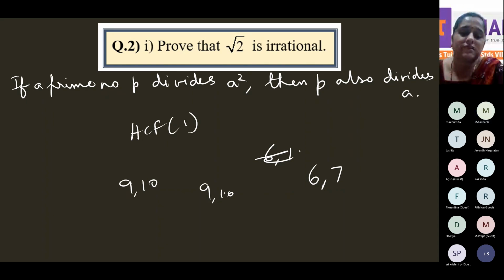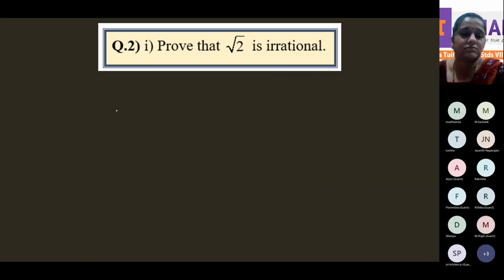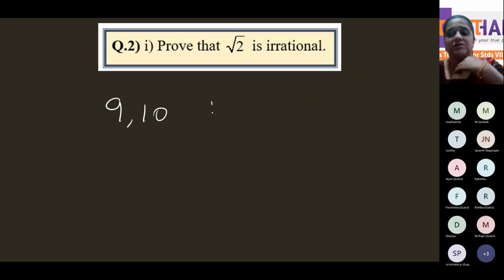Yes, ma'am. But 9 is not a prime number. 10 is also not a prime number. Nine and 10 are not prime numbers. Then how will you say they are co-prime? HCF is 1.